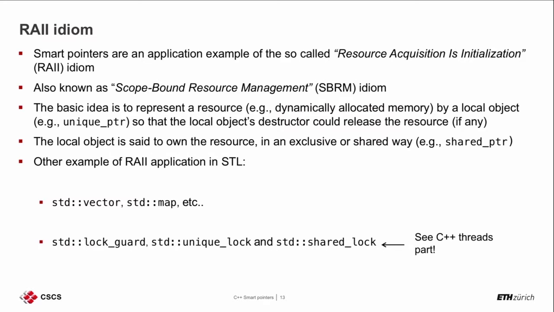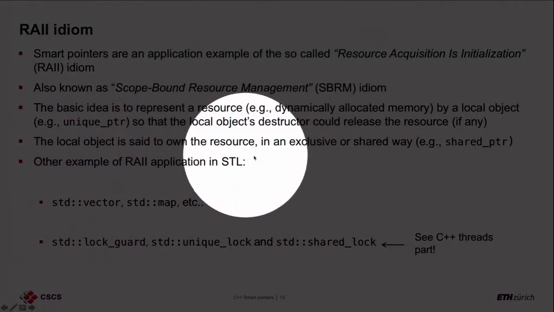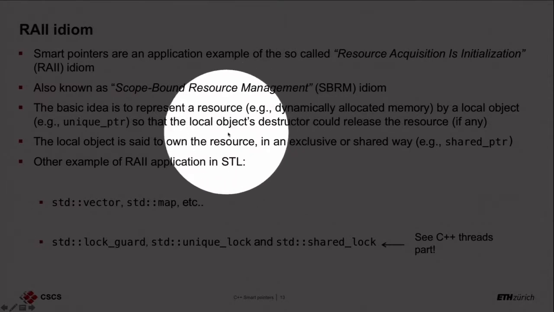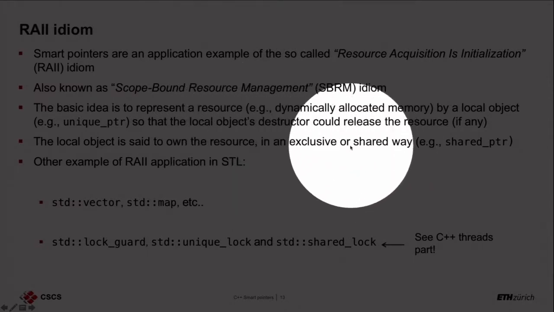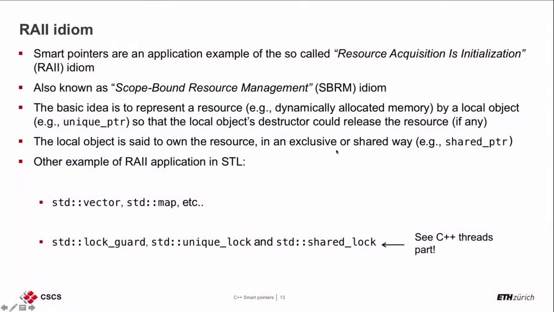And this local object, this is just terminology, is said to own the resource. There are different possibilities. It can own the resource in an exclusive way, which is the case of the unique pointer, or in a shared way, which is the case of shared pointers.